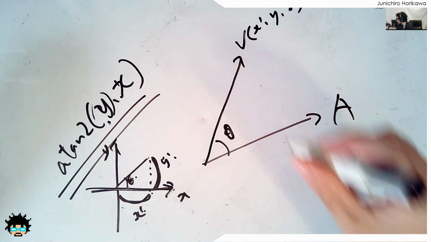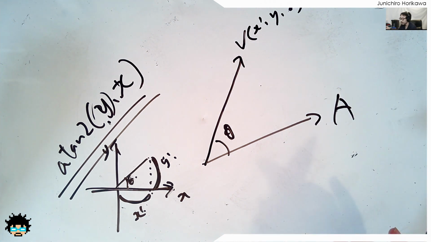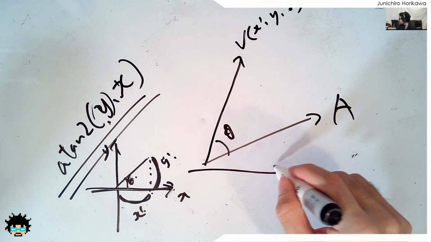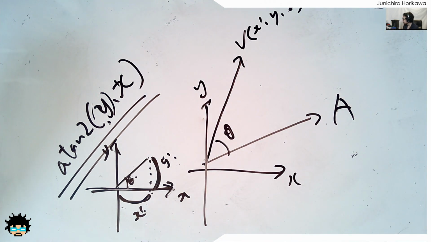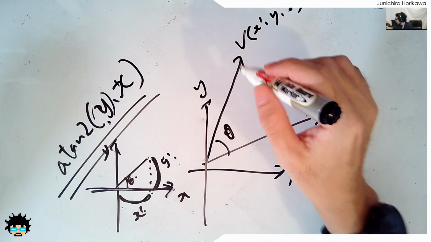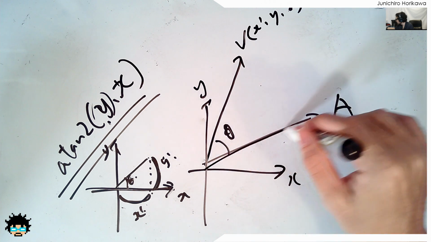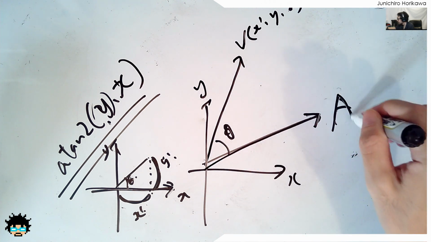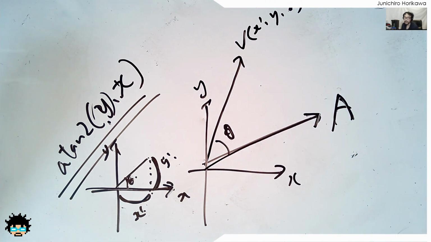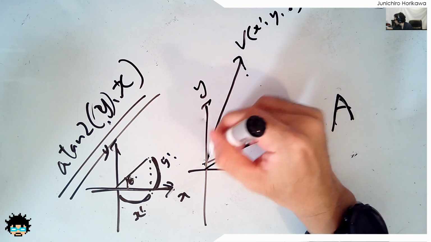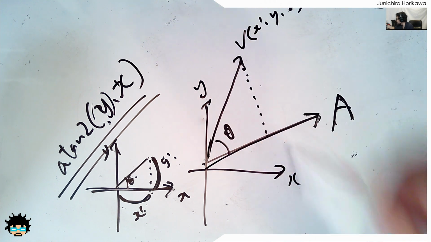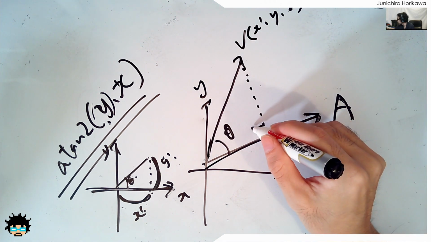But in this case, this is not on the xy plane, so what you can do is consider this A-axis as a virtual x-axis and project this vector onto this A-axis like this, so that this will be 90 degrees.